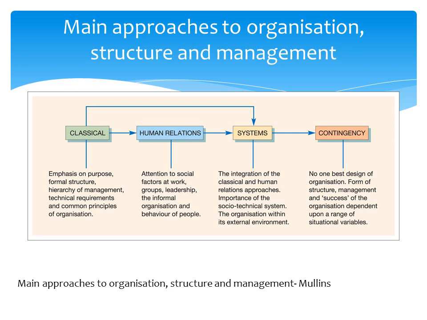Then human relations, Elton Mayo and the Hawthorne experiments, social factors, groups, leadership. Moving on to systems theory, where we need to consider the inputs, outputs and the social and technical systems that need to work together. And of course the famous contingency theory, which says there is no one best design. It depends on the situation, the context, everything.